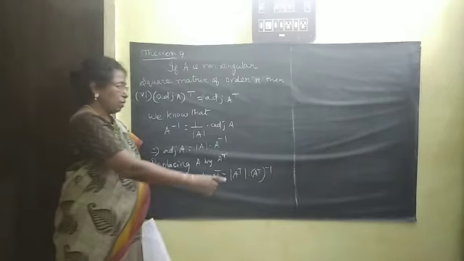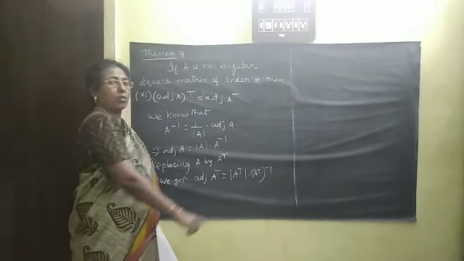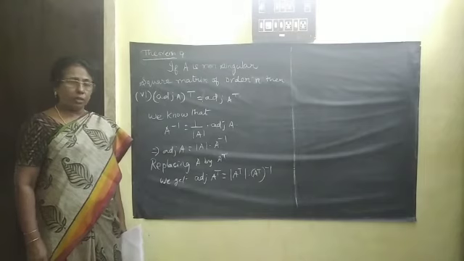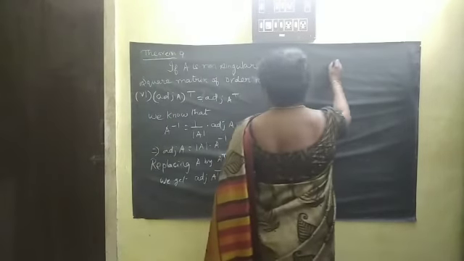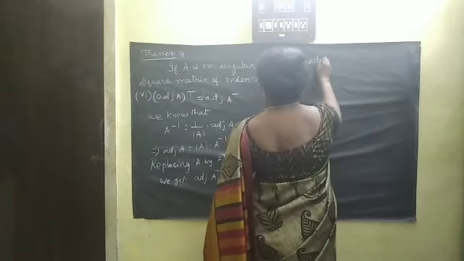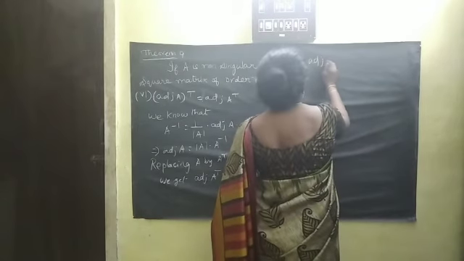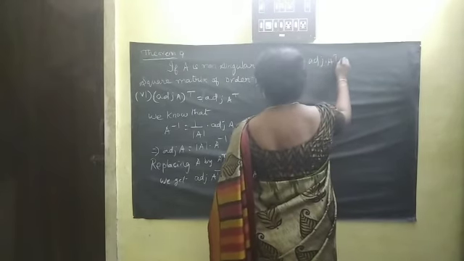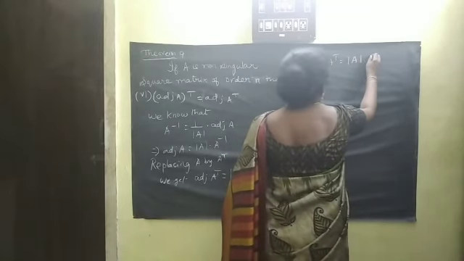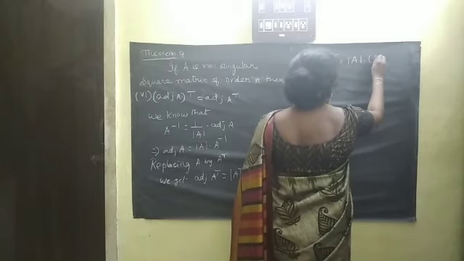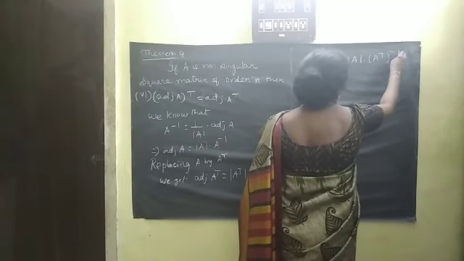Now, the determinant value of A transpose is equal to the determinant value of A. Hence, this can be written as adjugate of A transpose is equal to determinant A into A transpose the whole inverse.